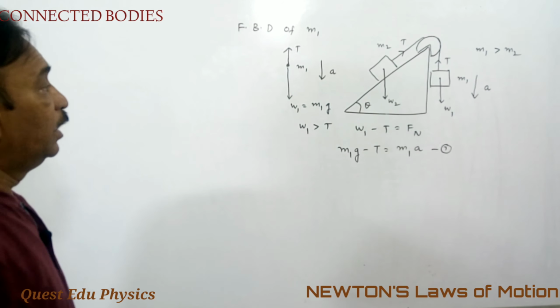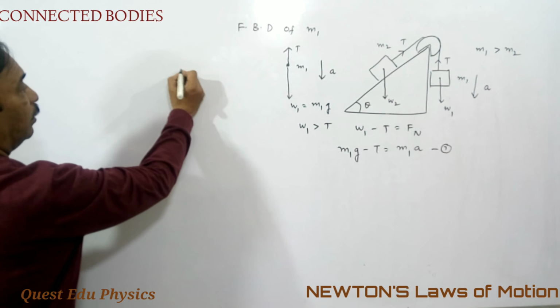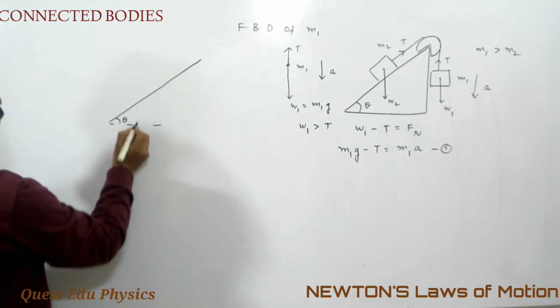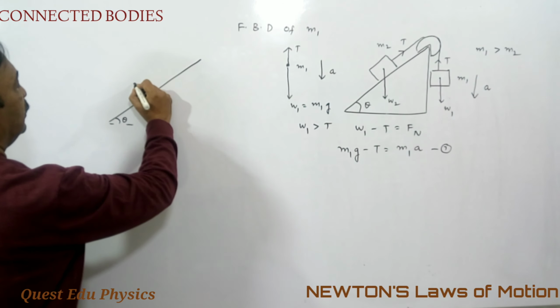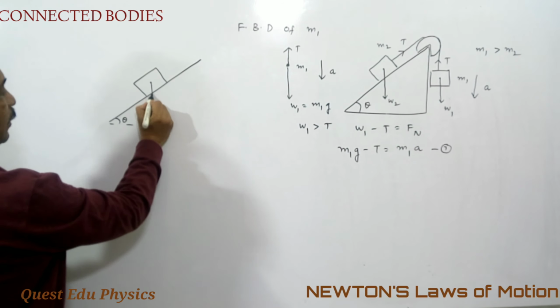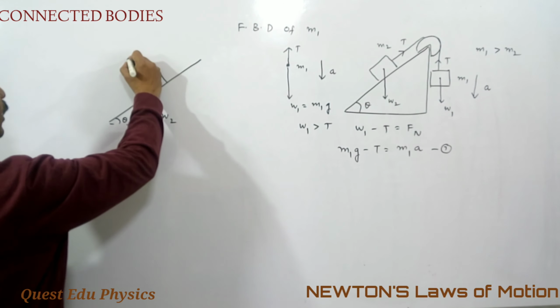Okay. In the same way, we are drawing the free body diagram of the second. Let's see. It is the inclined plane making an angle of theta and the mass is kept here. Obviously, the weight of the body, W2, is acting in this way and it is the normal reaction.